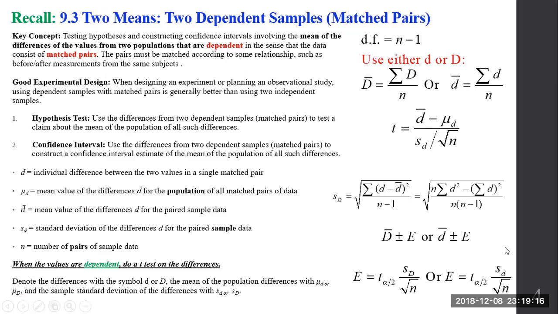When we are dealing with dependent samples, which means basically we are using the same population before and after, the best course of action is to calculate the difference between the two values, which we call D. Whether we use lowercase d or uppercase D makes no difference.